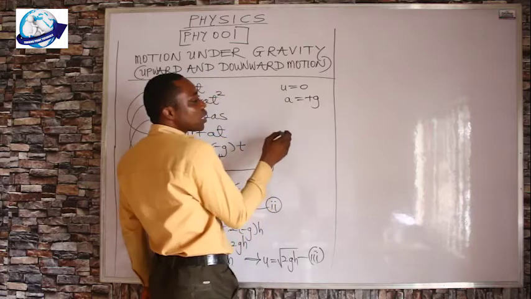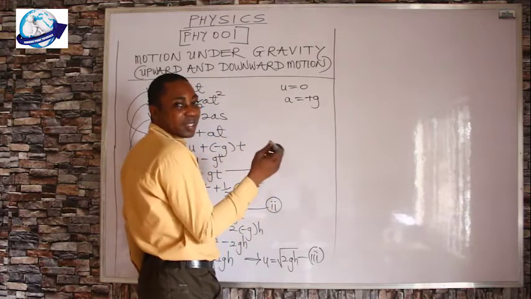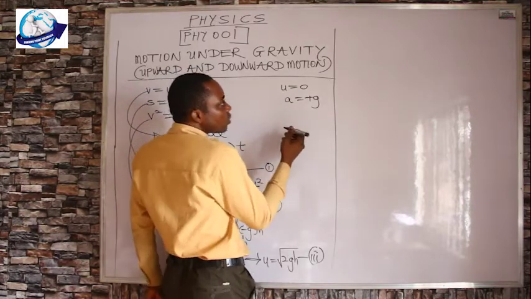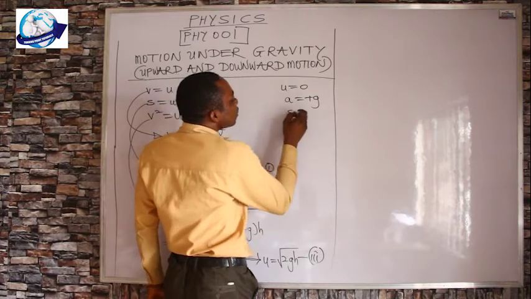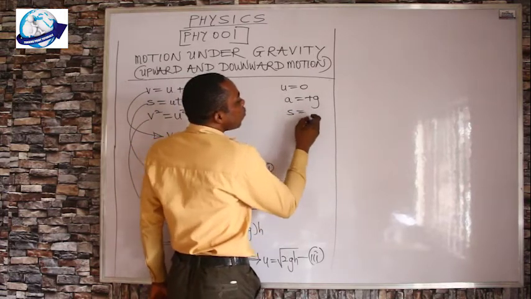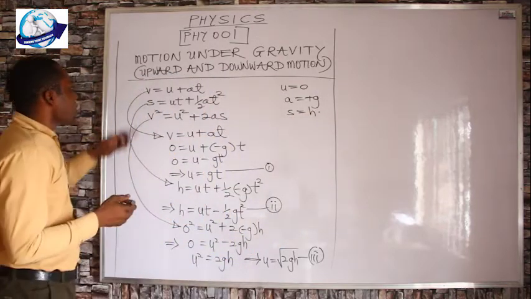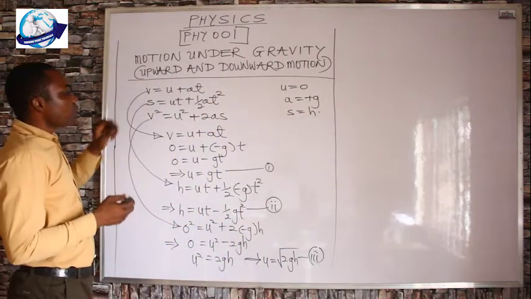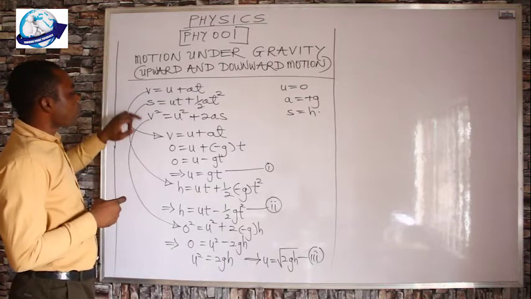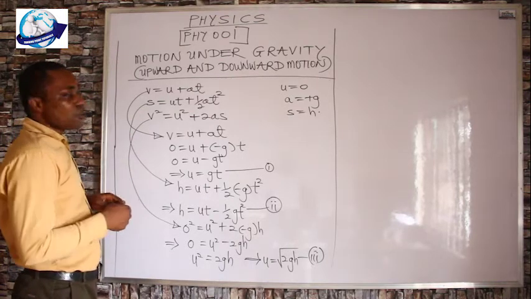Then the distance above the ground, the vertical height, which is s, becomes equal to h. Then we consider equations 1, 2 and 3 again. When we consider these three equations, we'll have a new form of it.